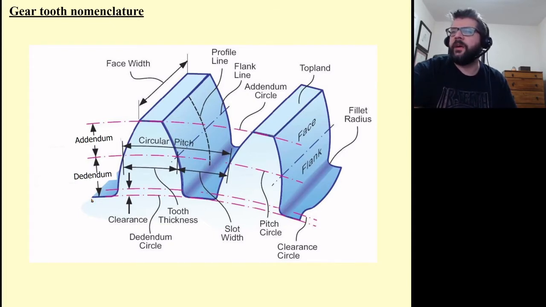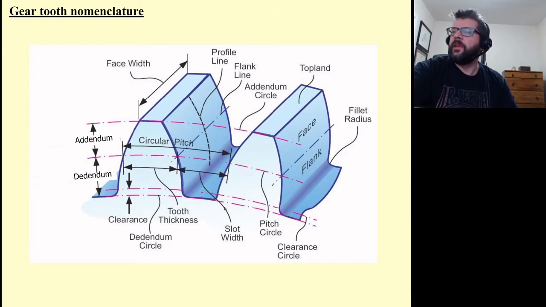And you've got the dedendum circle, that's going from the very bottom of the teeth. And then you've got the pitch circle. The pitch circle is basically the circle that defines the diameter at which the teeth come into contact.